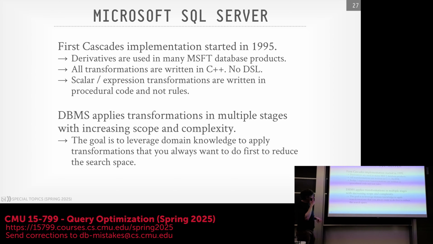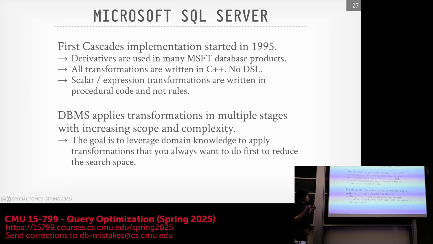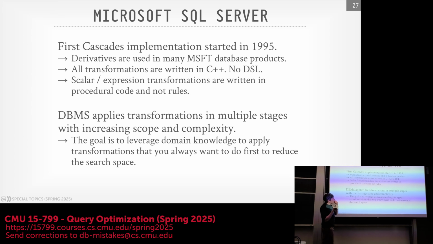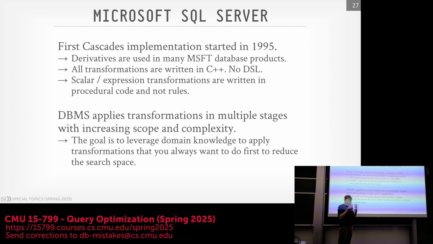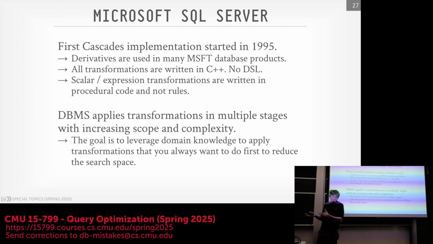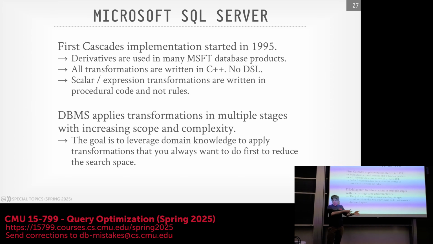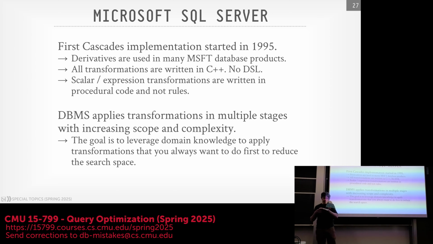It's amazing. All right, so SQL Server had the first Cascades implementation, started in 1995. And there was a single code base in SQL Server that was Cascades. And then because it was such a fantastic query optimizer, as Microsoft put out different data products over the years, they've forked the code and made modifications for the data warehouse version or other internal data systems that they built.